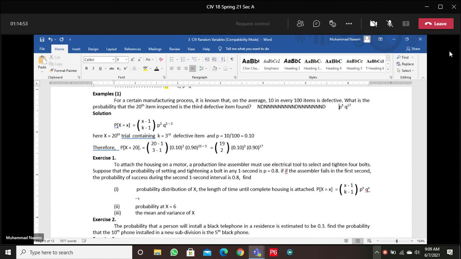But how is the coefficient generated? The coefficient is generated by all the outcomes except the last one. So we have 19C2. These 19 contain 2 defective, and they will generate the possible combinations. So this is the answer.